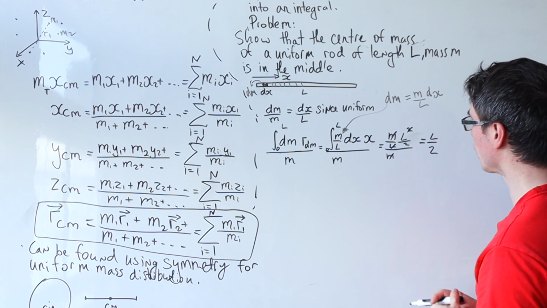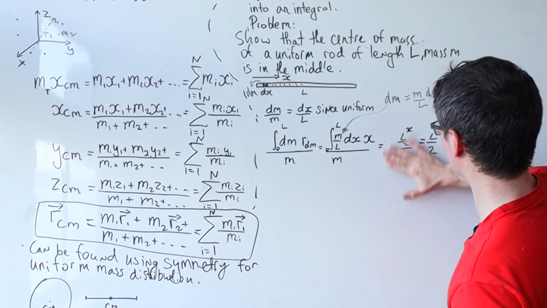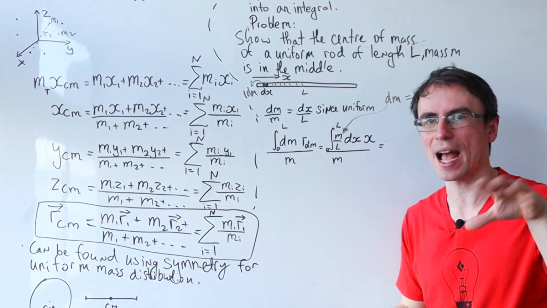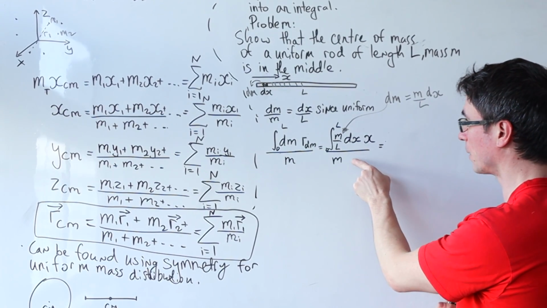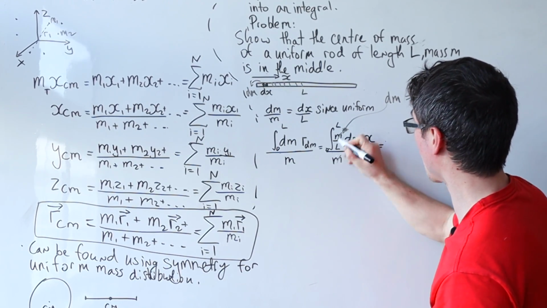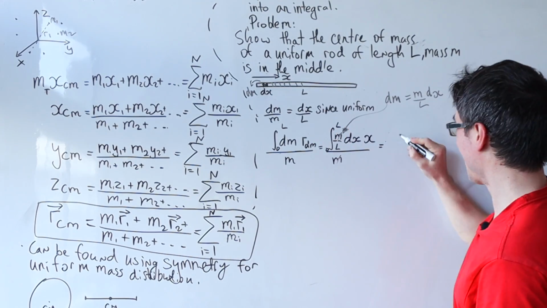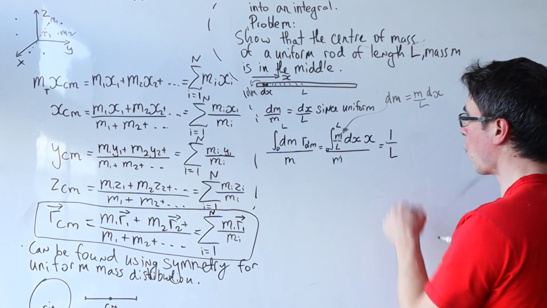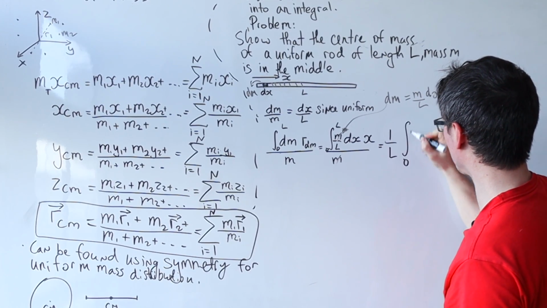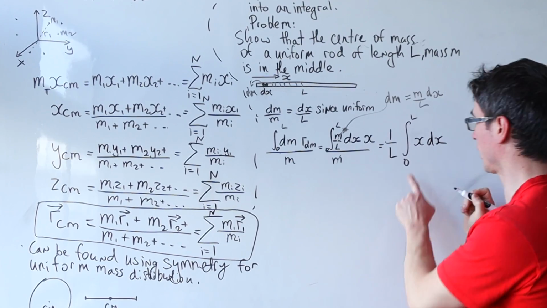And look at this. Now we can do some cancellations. First of all, shall I just do the integral from scratch just to make this absolutely clear? The m's are going to cancel because those are just a constant essentially. And then what we're going to get is 1 over L, and then simply the integral from 0 to L of x dx.